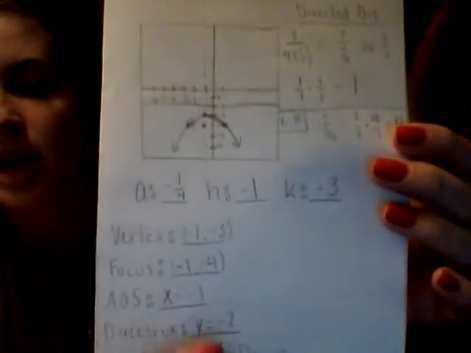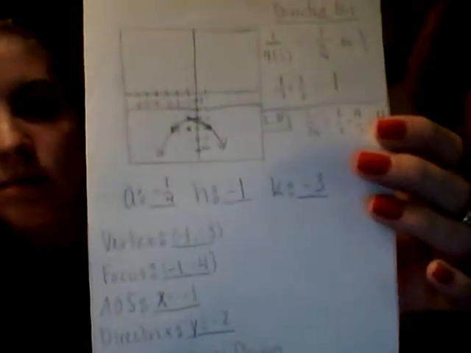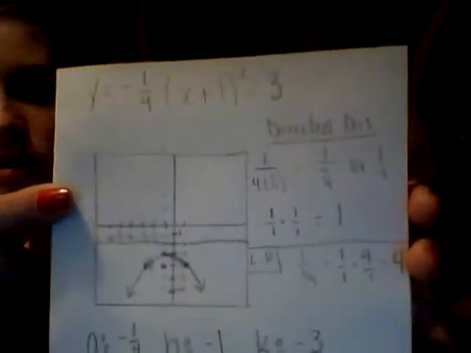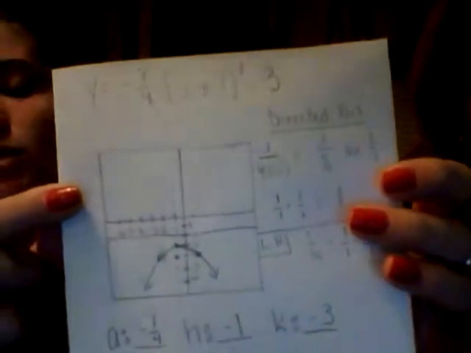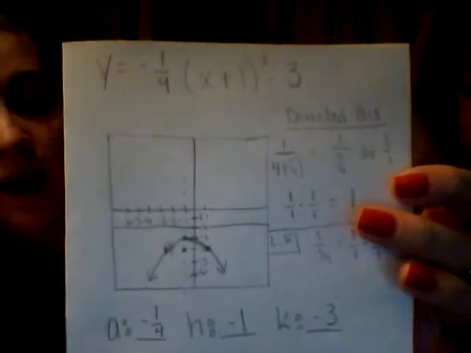So from that, since we can find our vertex now, which is (h, k), which is going to be (-1, -3). To find where your focus point is, you're going to go up here and find the directrix distance, which, if you remember back, is 1 over 4a.